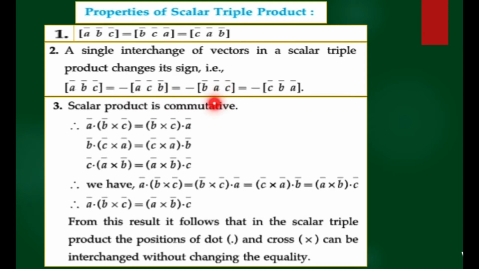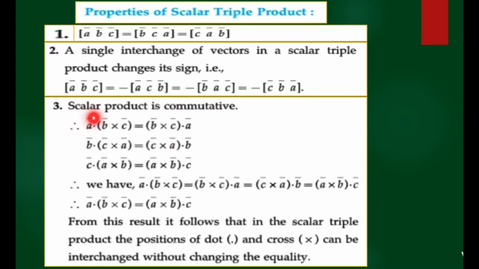In this we keep vector C as it is and we interchange A and B. So we write here minus sign. In the last we keep B as it is and interchange A and C. So we write here minus. That means when we interchange any two vectors, then the value of that scalar triple product changes its sign.